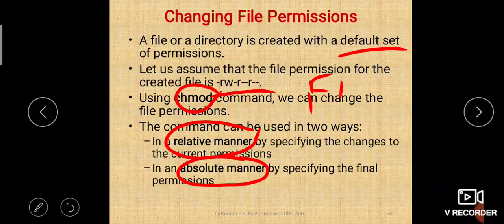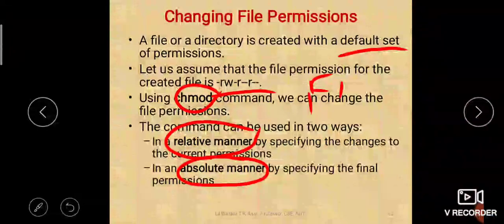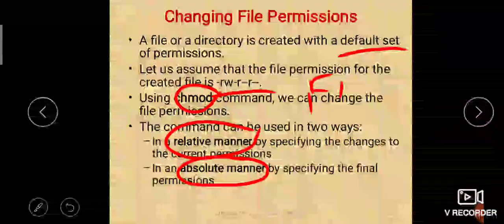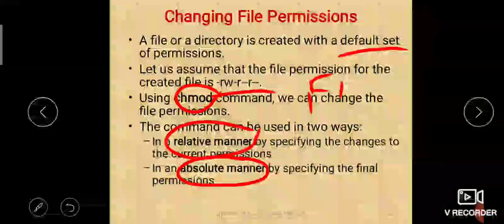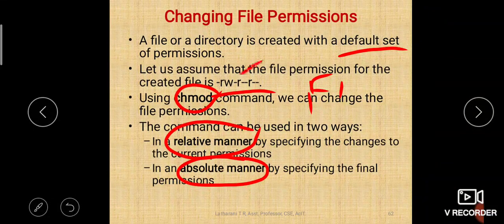So what is this relative manner? Relative manner means you will not disturb the others. Suppose, for example, you want to give execution permission. Here the group people don't have execution permission, right? You want to give execution permission for group, but other permissions, like user permissions and other permissions, you don't want to disturb.